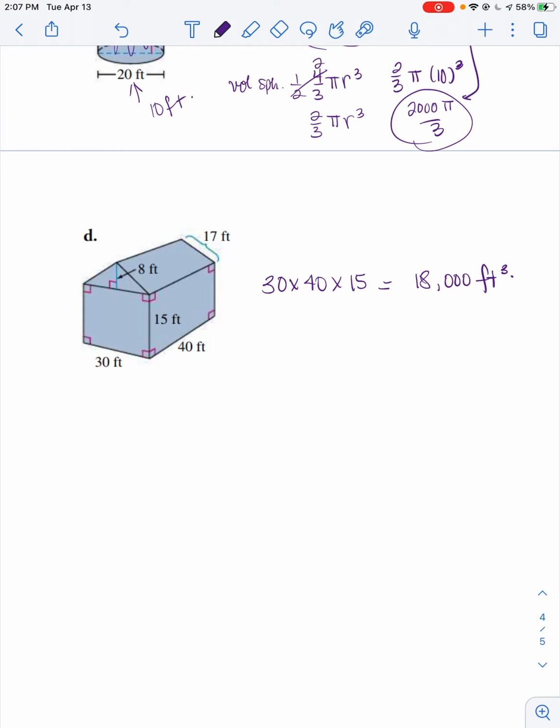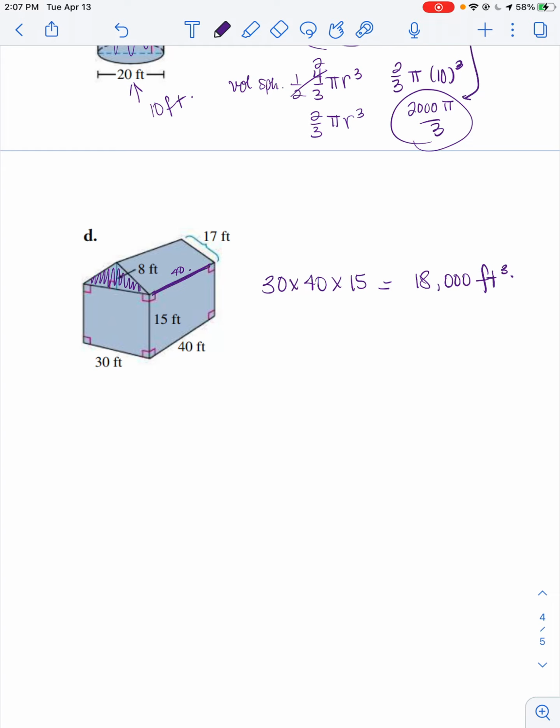Well, if I maybe redraw this line in here of a 40, what is the volume of my triangular prism? Well, it's just going to be area of this base times its height.